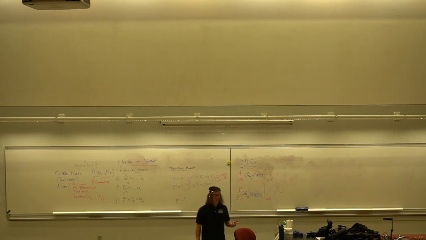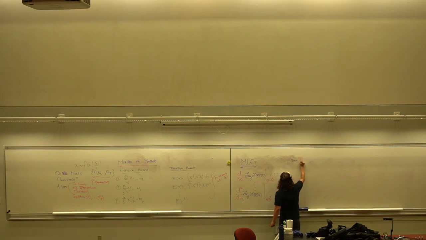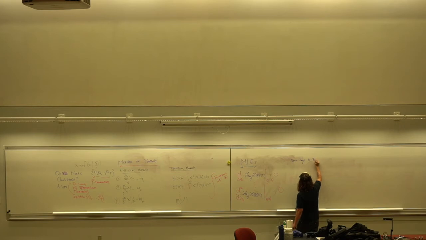That's maximum likelihood. We do need to check that we're not at a saddle point or that we're not at a minimum, so all that same stuff from calculus. They say in the book, they only do this in 2 dimensions, so I'm going to generalize this a little bit more. The book says to form the Hessian.